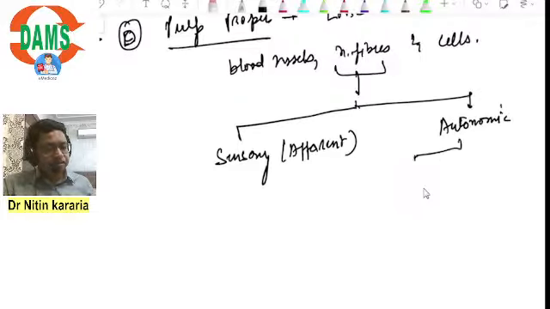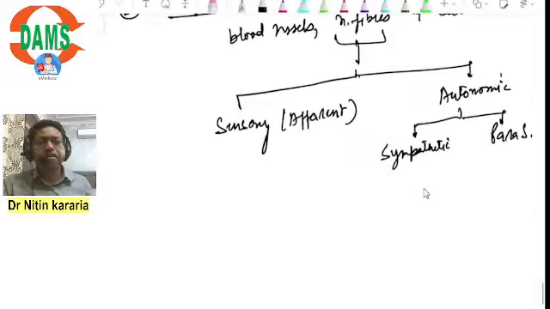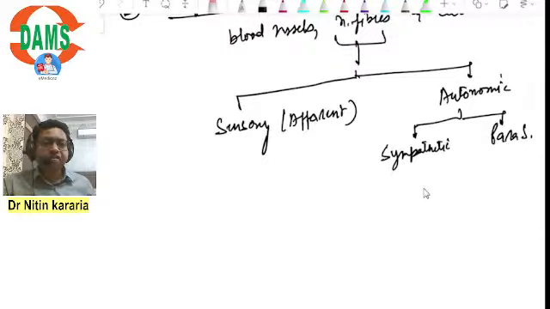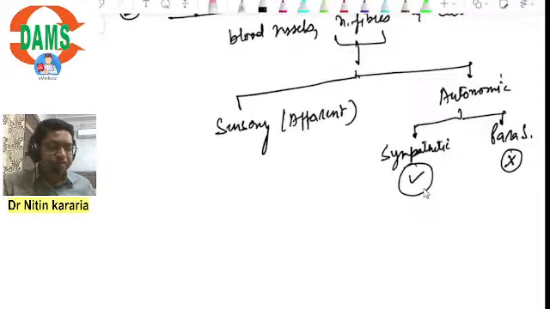Autonomic fibers, all of you know that they consist of two types of nerves. They are sympathetic and parasympathetic, isn't it? But the occurrence of parasympathetic nerve fibers in the pulp is not well documented. We can say they are best absent from the dental pulp. It is the sympathetic nerve fibers which are present and the sensory nerve fibers which are present. So two types of nerve fibers are present in the dental pulp.